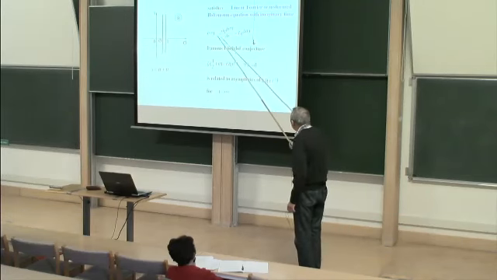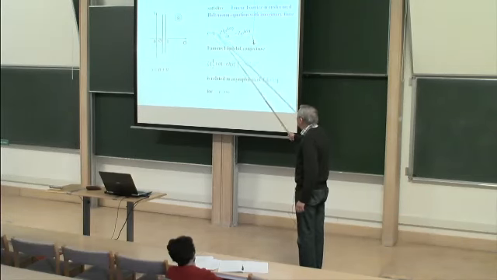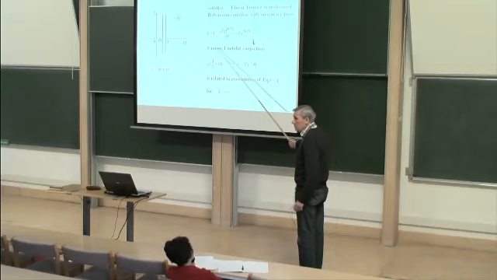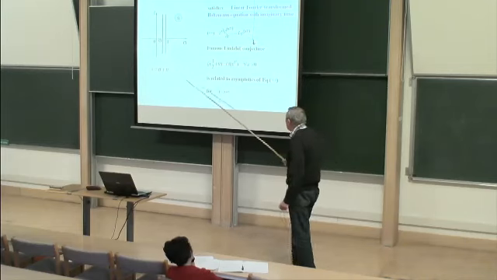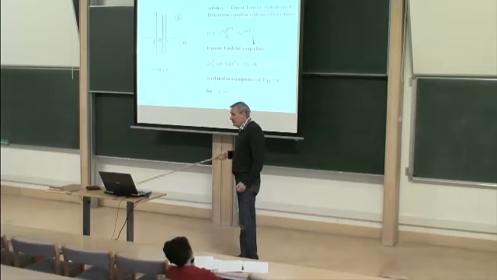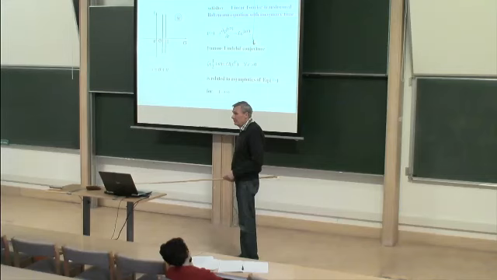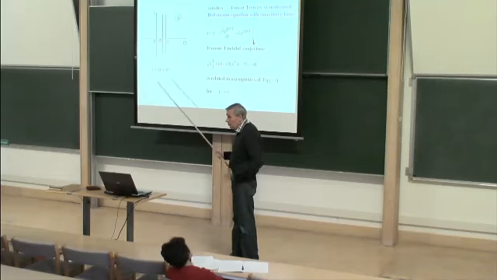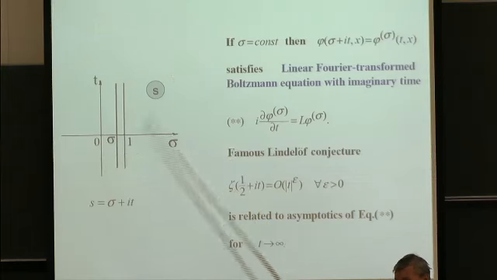But then we need to solve this Fourier transformed Boltzmann equation with imaginary time. In fact, the difference is like between the Schrödinger equation and the heat transfer equation. We can find a lot of interesting things here, but nobody, to my knowledge, did such things.